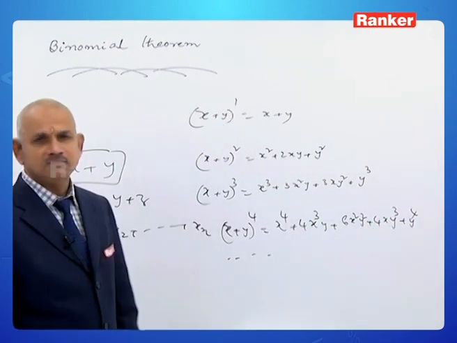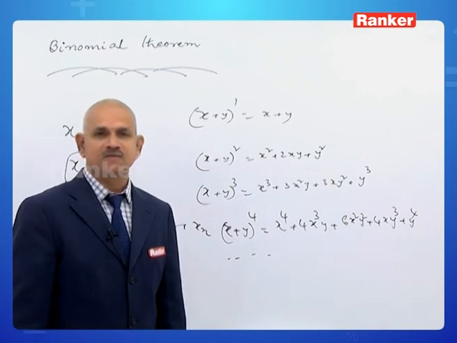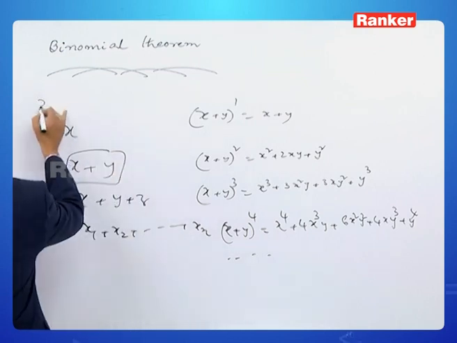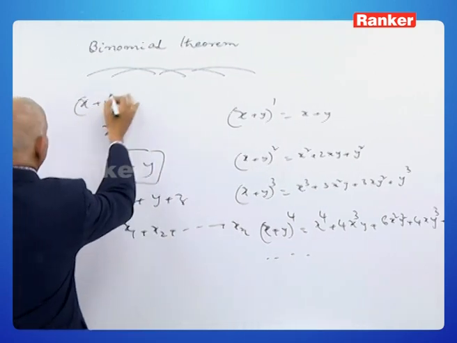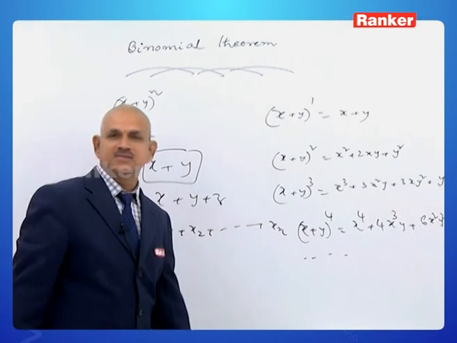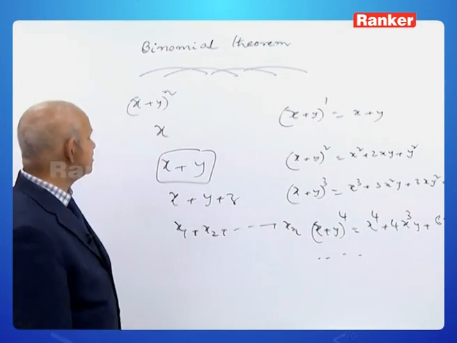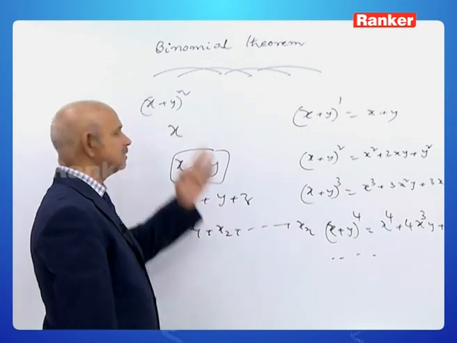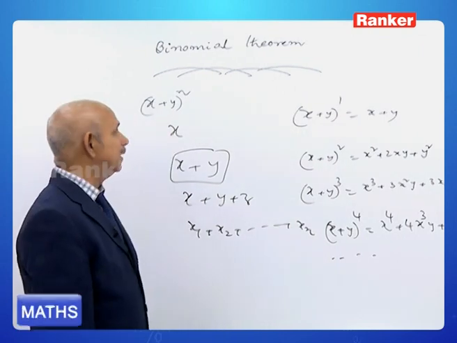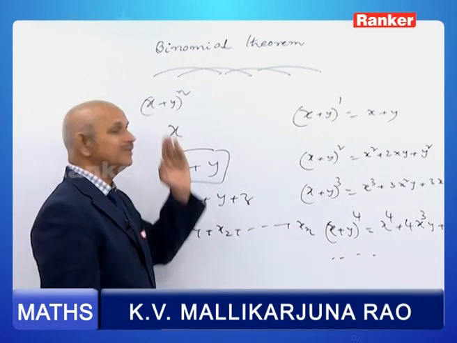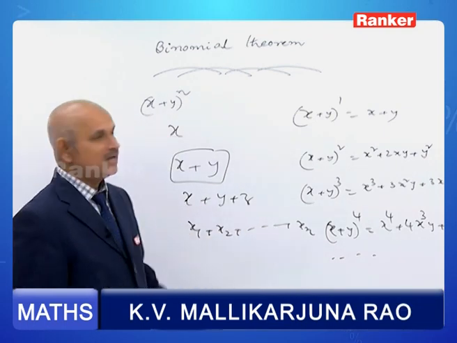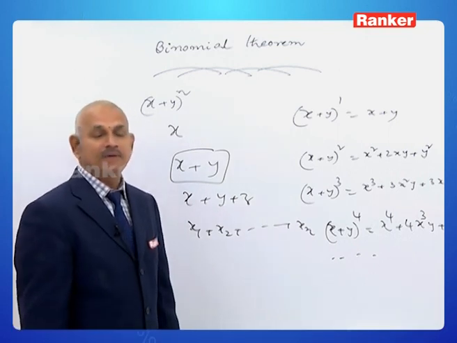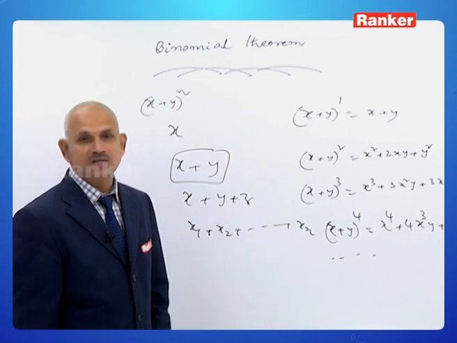These are all the pieces of observation that we must keep in mind to have the formula for x plus y whole to the power of n, where n is a natural number. If n is a natural number, then the formula or the statement of x plus y whole to the power of n is called binomial theorem for positive integral index. If n is a negative integer, that statement can be called binomial theorem for negative integral index.